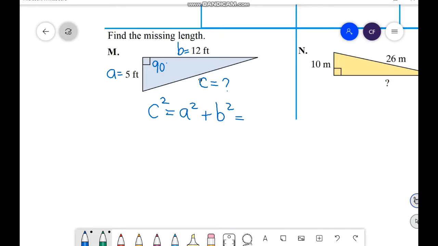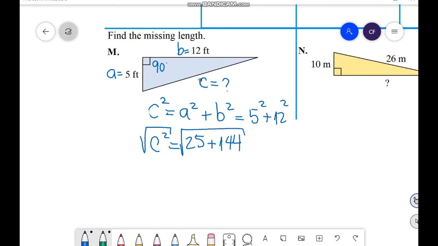We can apply the square. c squared is 25 plus 144. We can apply the square here and there and simplify. That means c equals the square root of 169.